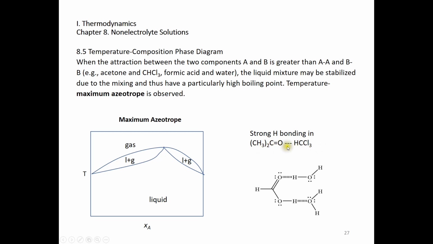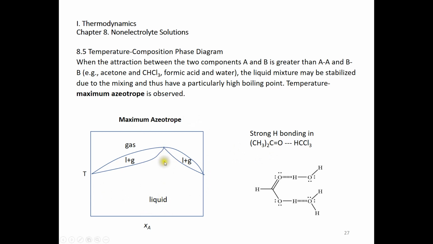So after we mix these two chemicals, the attraction between these two is actually greater than the attraction between two acetone. It's also greater than the attraction between two chloroform. So we have strong attraction between A and B in the liquid phase. That makes the boiling of the mixture more difficult.